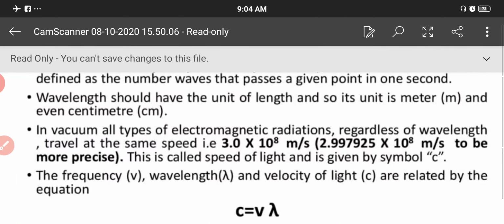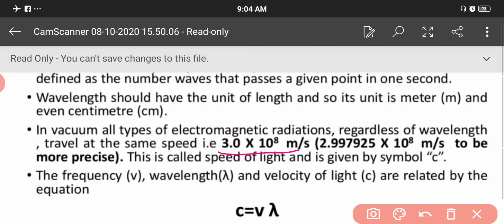In vacuum, all types of electromagnetic radiation, regardless of wavelength, travel at the same speed. In vacuum, the velocity of all radiation is the same, that is 3.0 into 10 raised to 8 meter per second, which is the velocity of light.